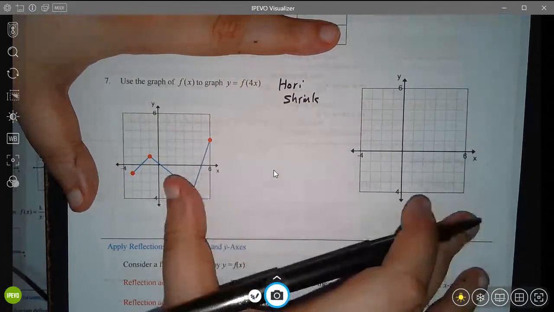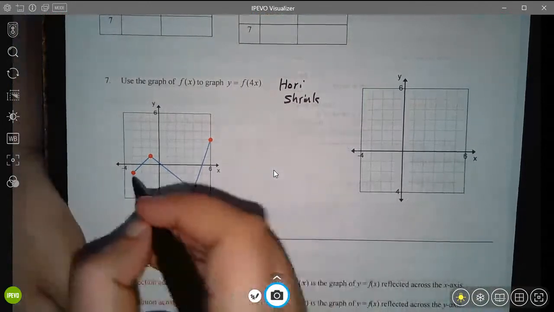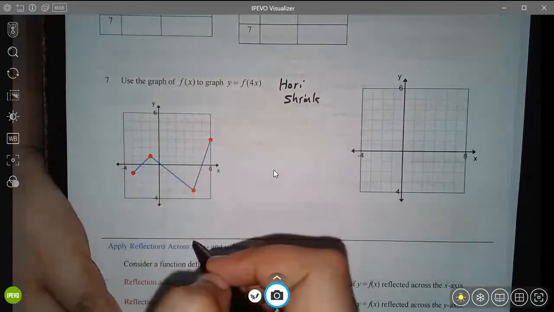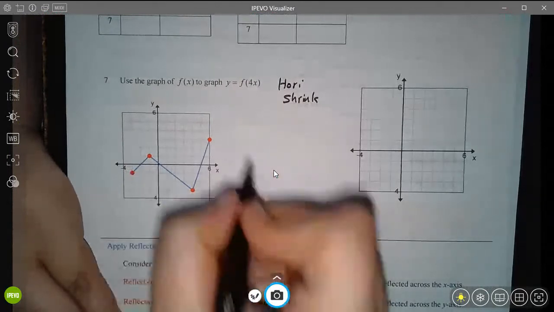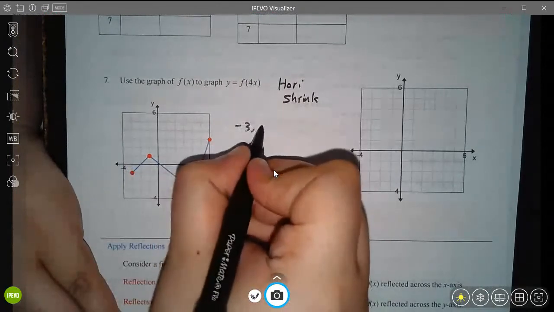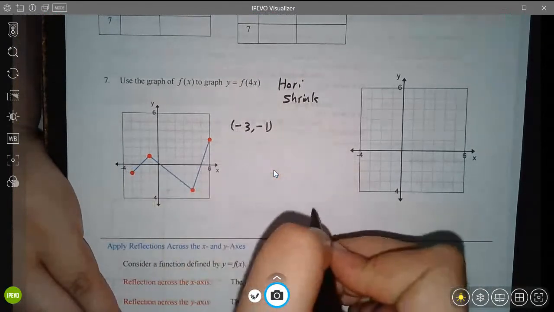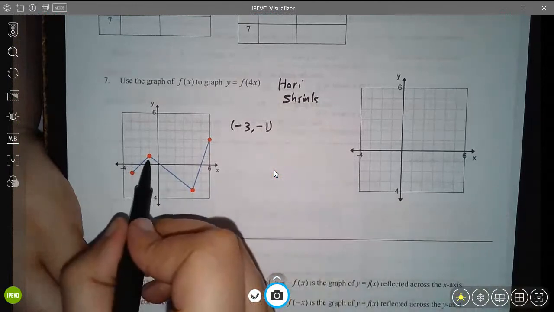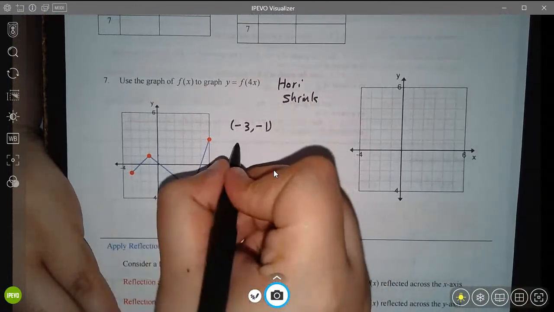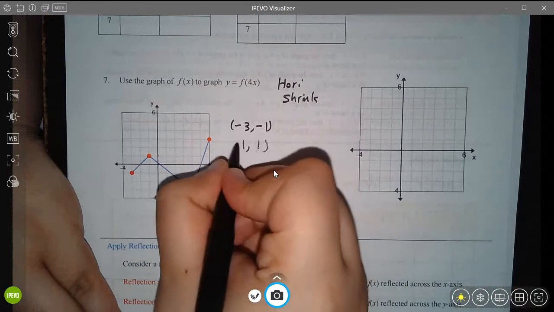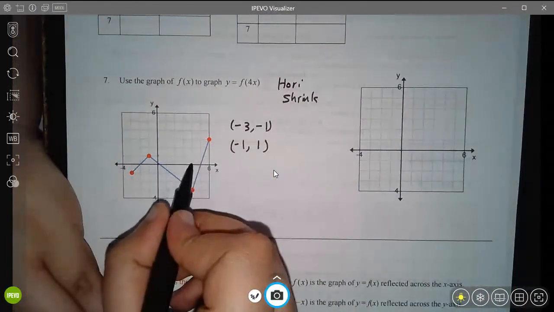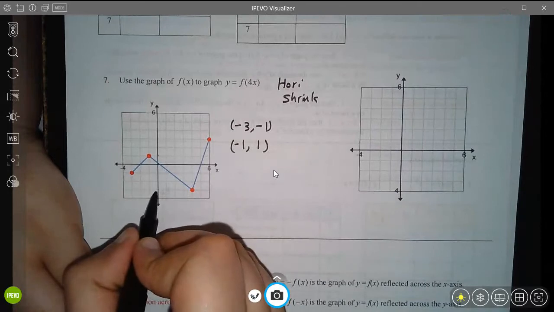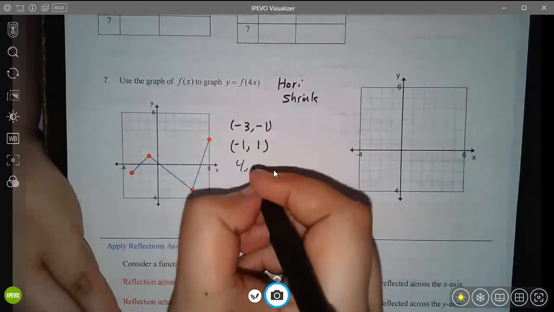Well, let's think about it. The points this function has are what? We have -3 for x, -1 for y. And then we have -1 for x, +1 for y. And then we have +4 for x and -3 for y.